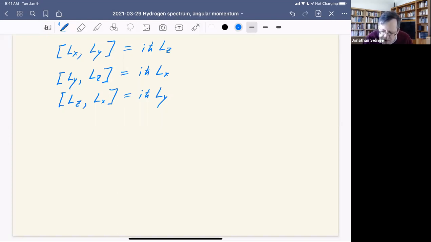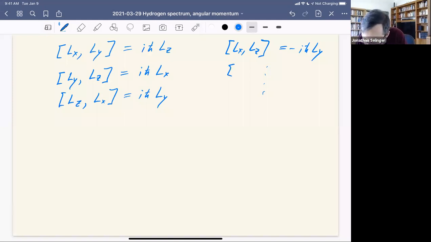So this tells us the commutation relation for Lx with Ly. What if you want Lx with Lz? Well, that's just the opposite of what's written right down here, and so that is negative i h bar Ly. The same thing works if you permute all those indices as well.